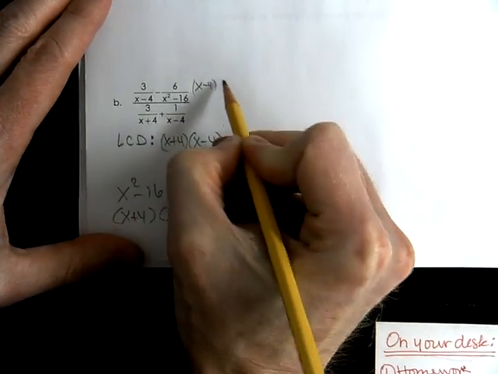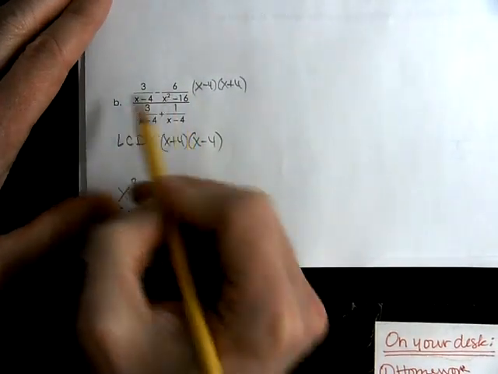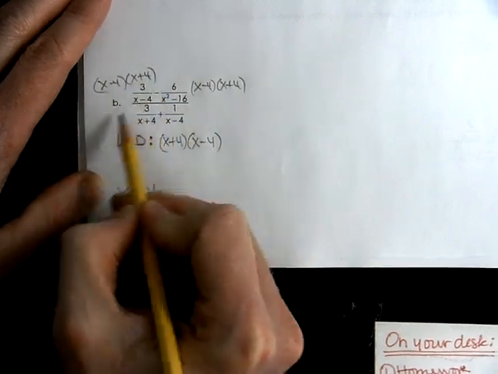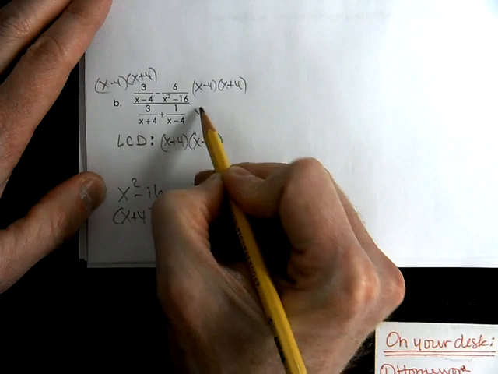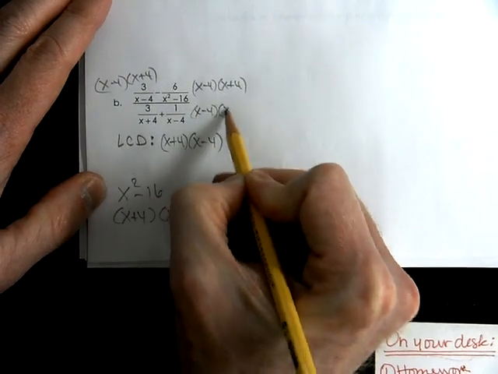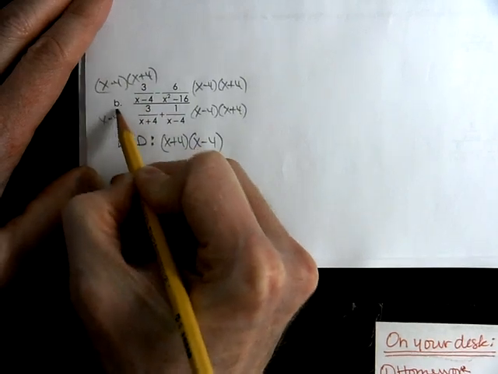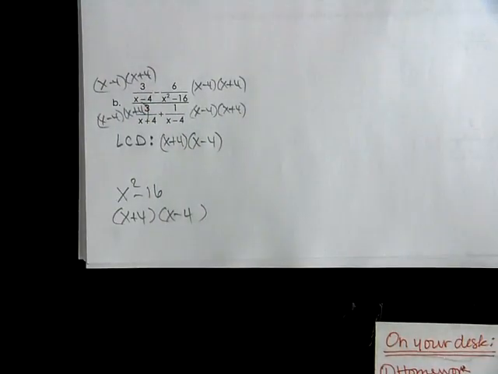X minus 4, x plus 4 to this top right fraction. X minus 4, x plus 4 to this top left fraction. X minus 4, x plus 4 to the bottom right, and x minus 4, x plus 4 to the bottom left.